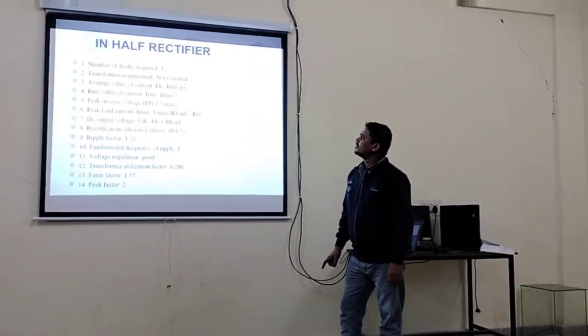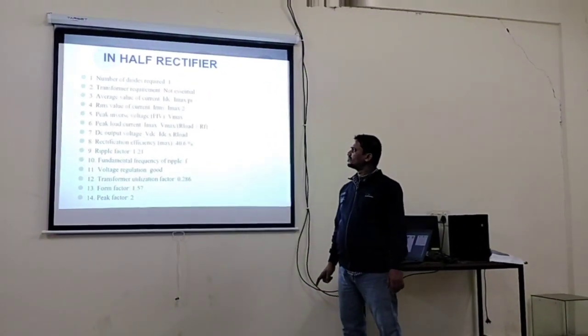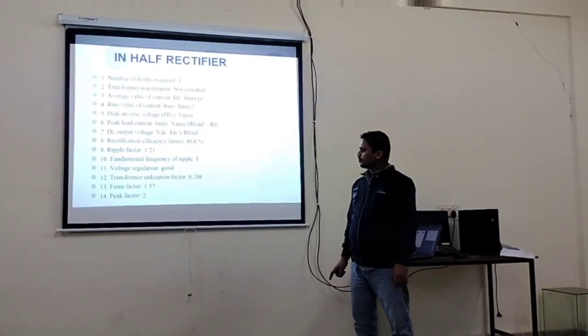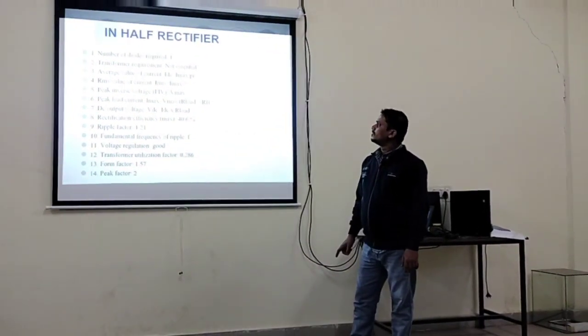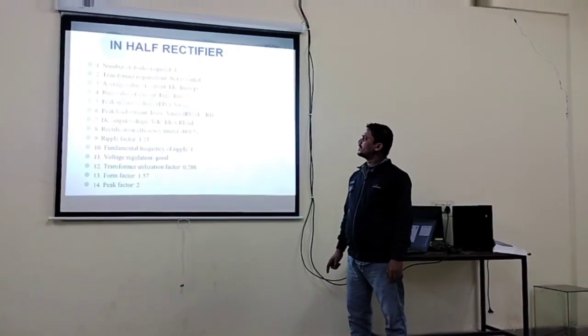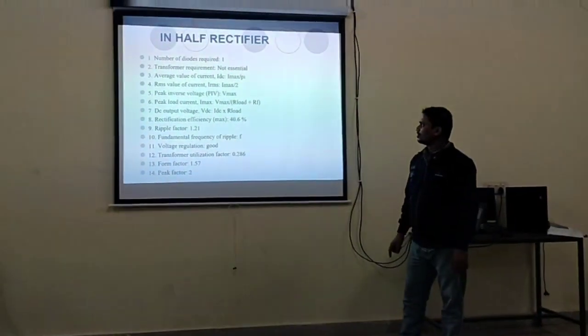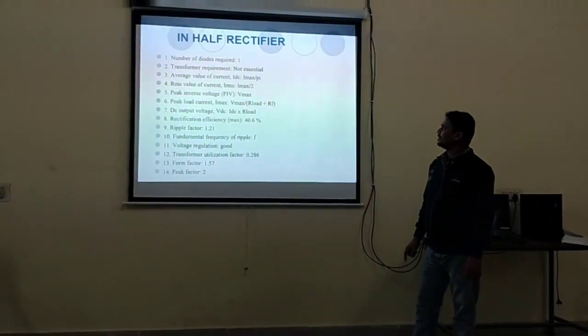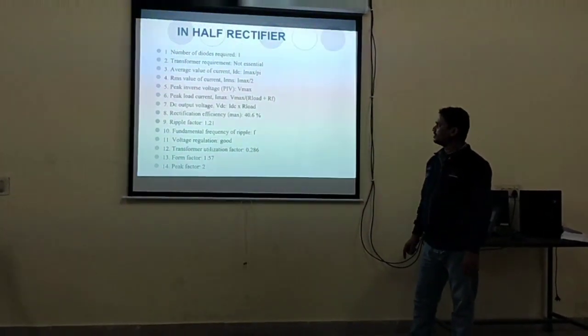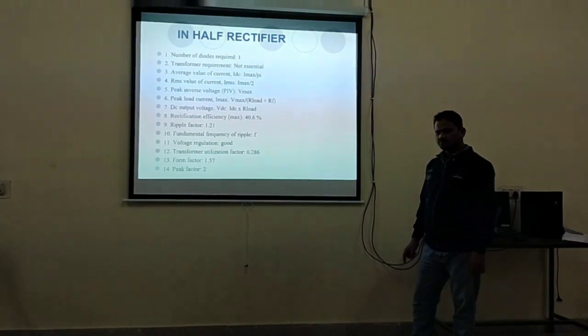In summary, for the half wave rectifier: the total number of diodes is 1. Transformer requirement: not essential, or a step down transformer is used.